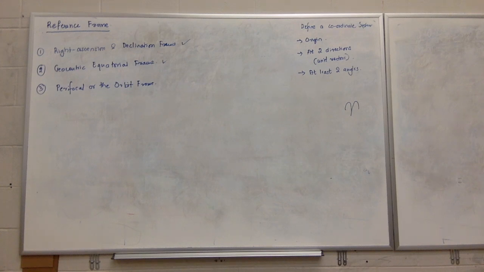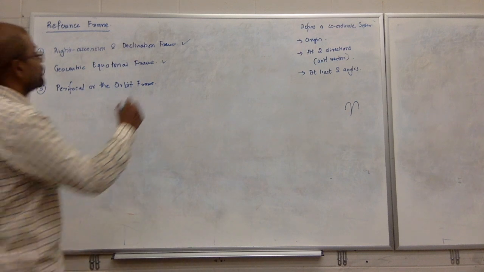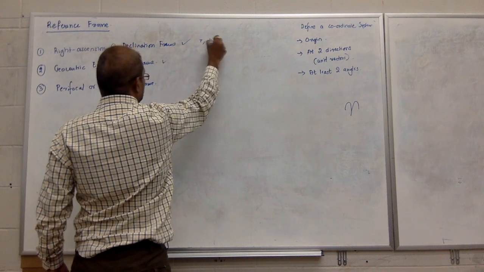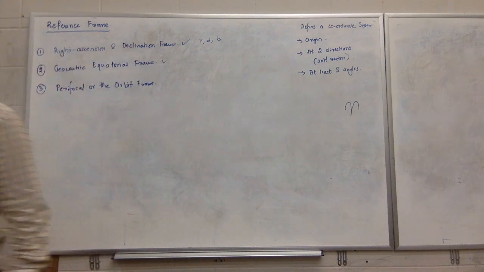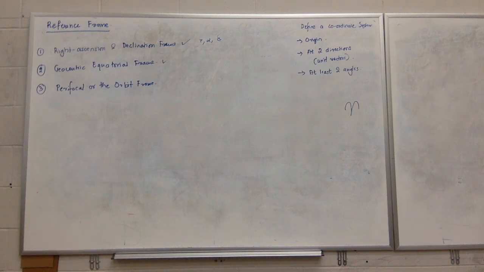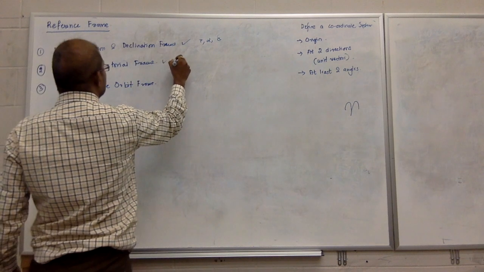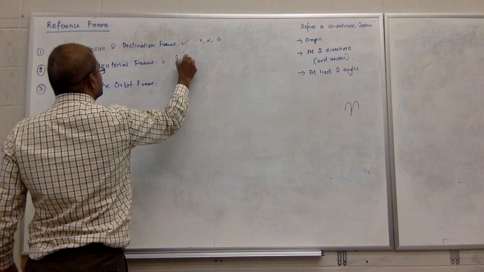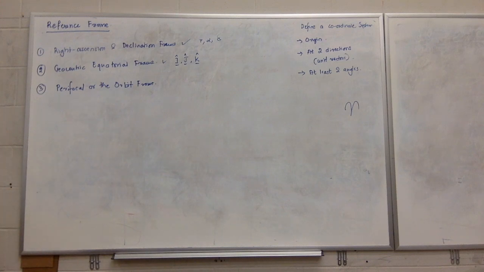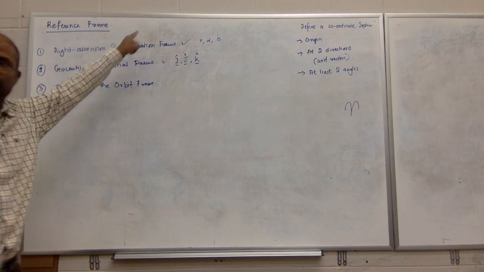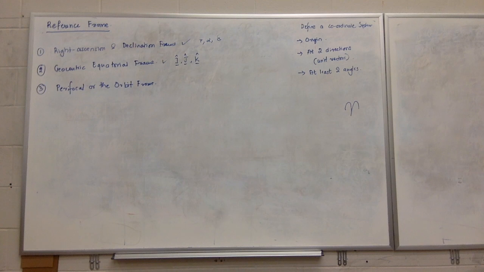For this, we have R, alpha, delta. Here it is I, J, K. This is a Cartesian coordinate system, and this is a spherical coordinate system.